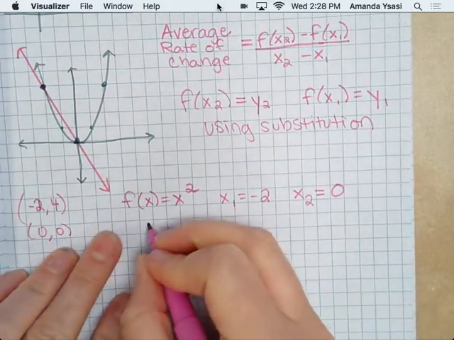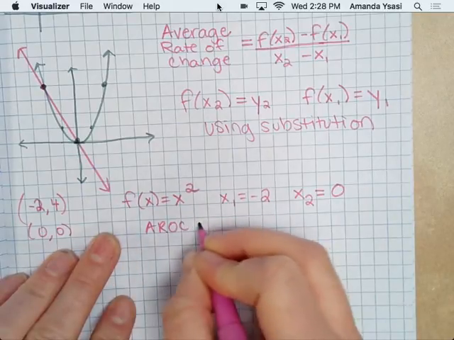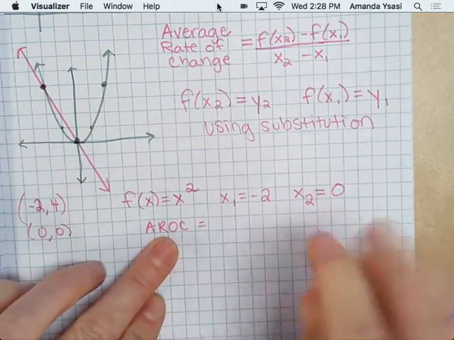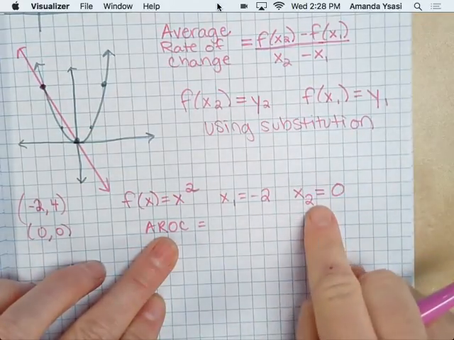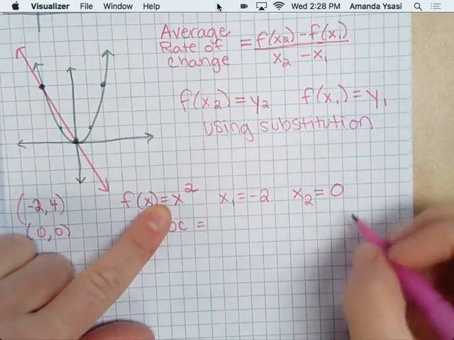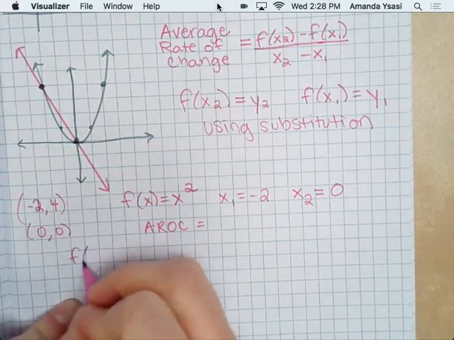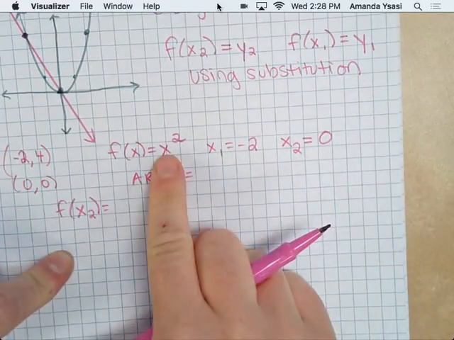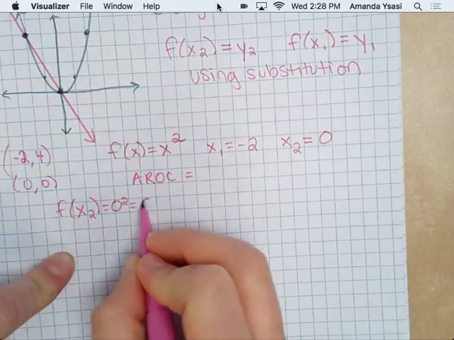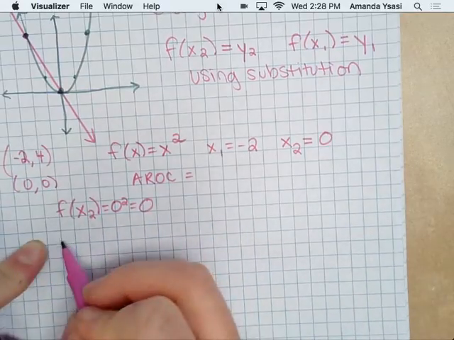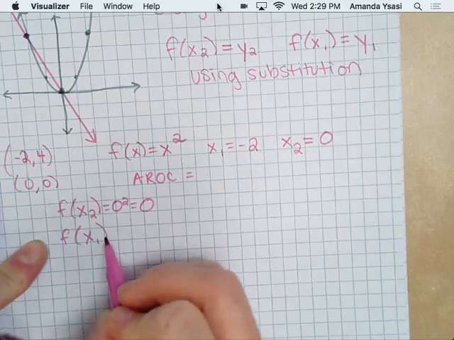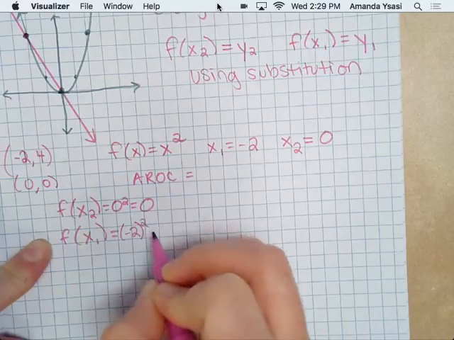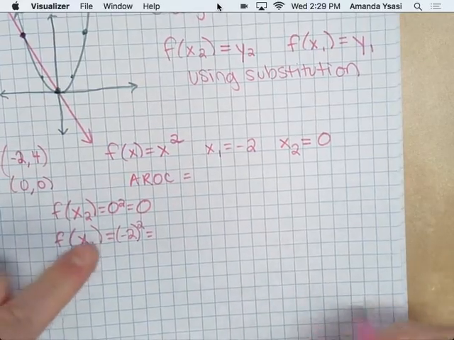So to find your average rate of change, it would be f of x2. So you're plugging in 0 for x2, which is just 0. And f of x1 means you're plugging in negative 2, which would be a 4.